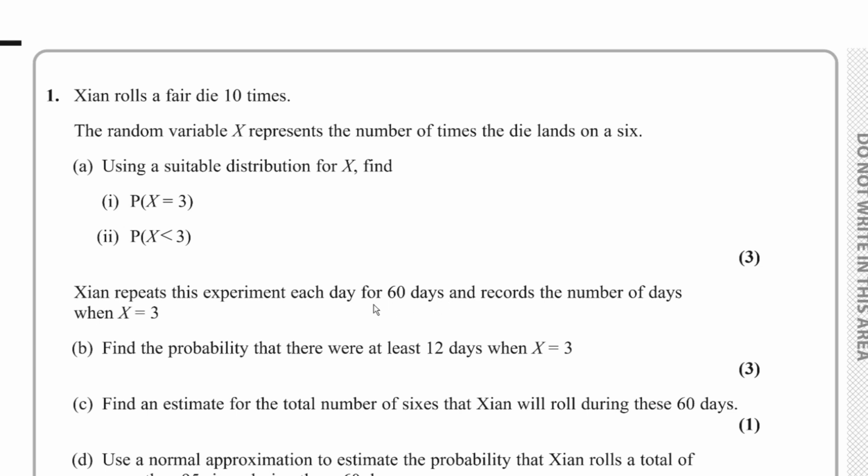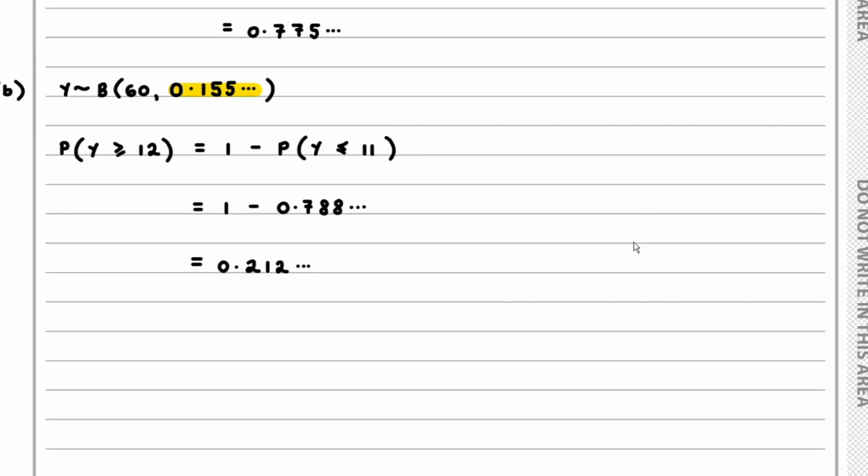And the probability of landing on a 6 is equal to 1/6. Hence, an estimate for the total number of sixes that Zan will roll during these 60 days is given by 10 multiplied by 60 divided by 6, which is equal to 100.